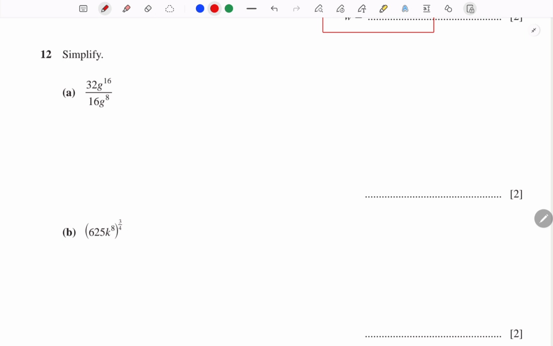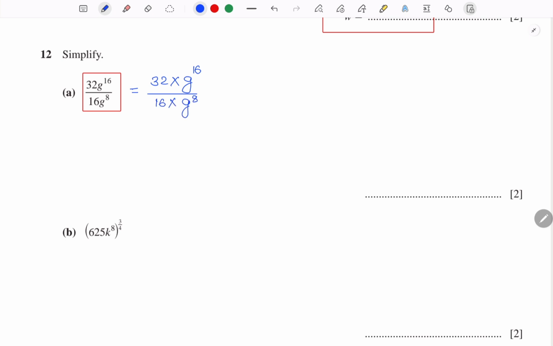Now let's solve the 12th question. The first part is 32 into g raised to the power 16 divided by 16 into g raised to the power 8. See how we can solve this. I can write this as 32 into g raised to the power 16 divided by 16 into g raised to the power 8.